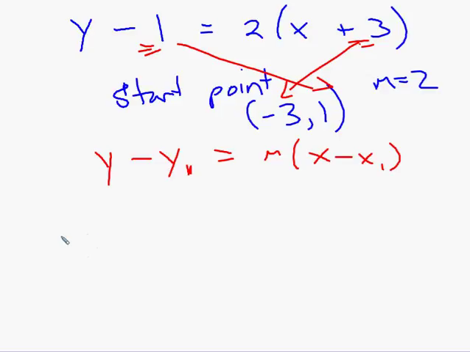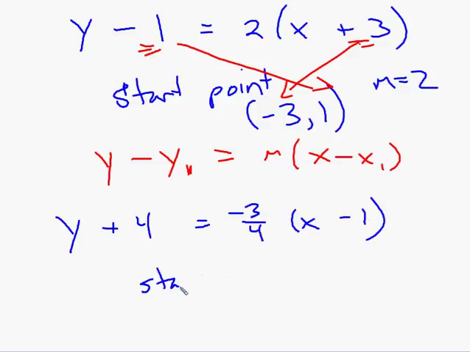Let's say y plus 4 equals negative 3/4 x minus 1. What's our starting point? Negative 4, 1. No, 1, negative 4.